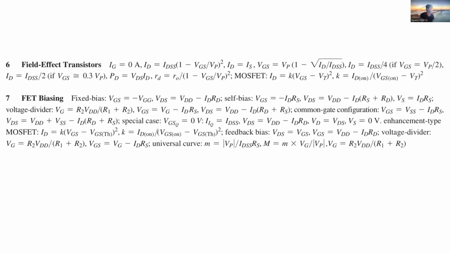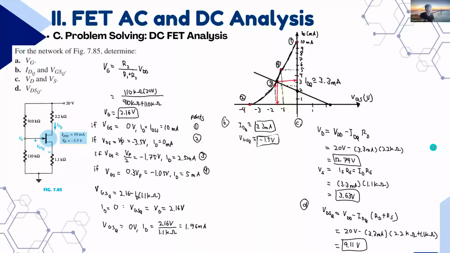Next, we'll try to solve a DC FET analysis. So we have this problem for the network 7.85.